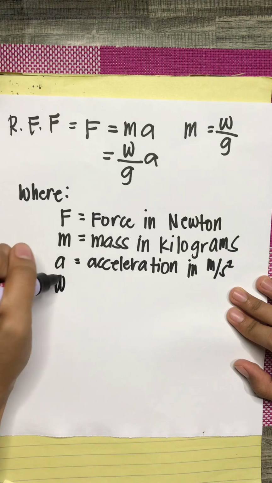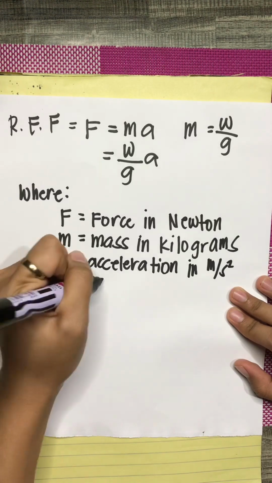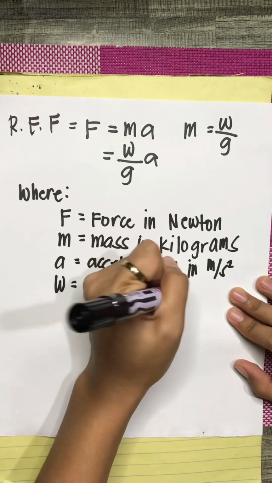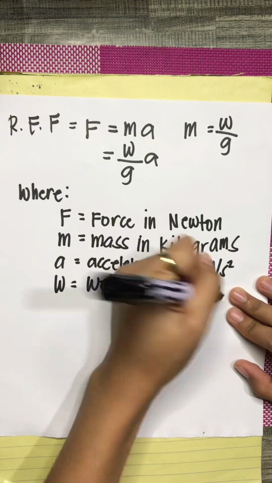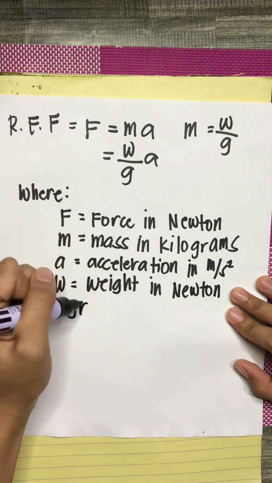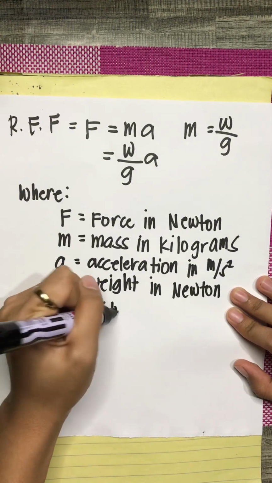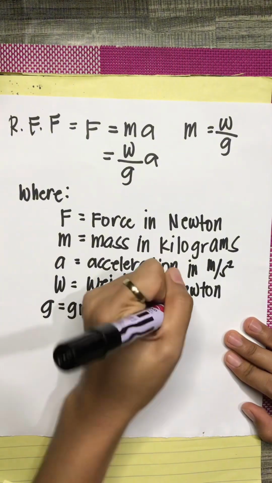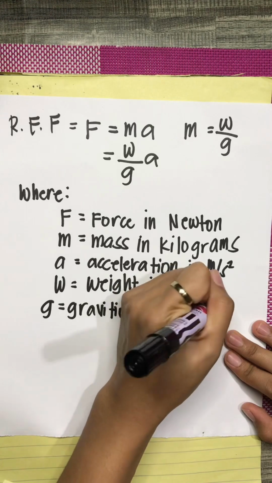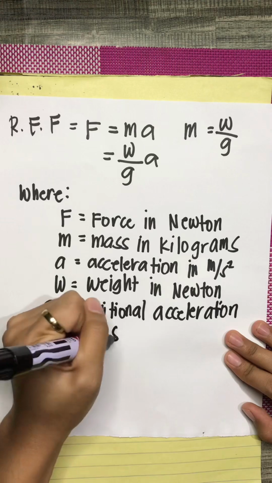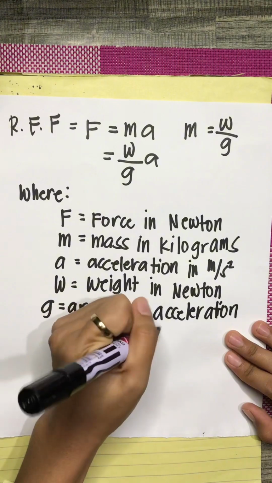Then W equals weight in Newton. Then G is equal to gravitational acceleration. It is equal to 9.81 meter per second squared.